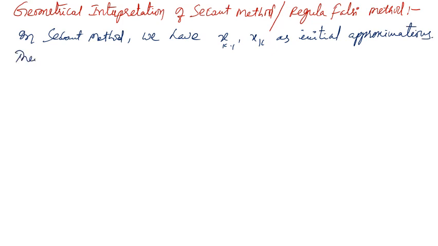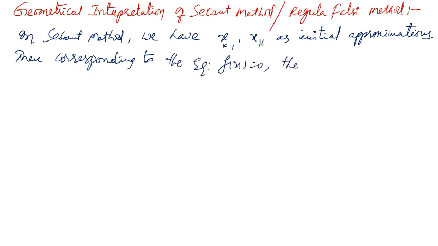Then corresponding to the equation f(x) = 0, the curve is y = f(x), right? Okay, corresponding to the equation f(x) = 0, the curve is represented by y = f(x), means y = 0.